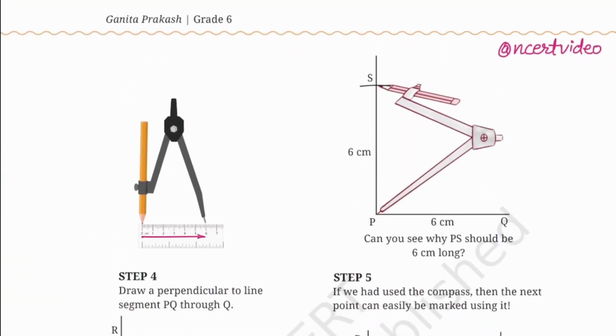Take 6 cm as the distance between the tip of the pencil and the tip of the compass and draw an arc like this. This point will be point S. Can you see why PS should be 6 cm long?